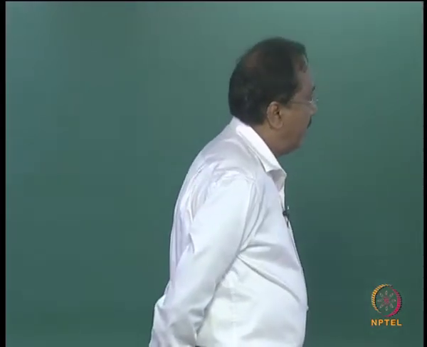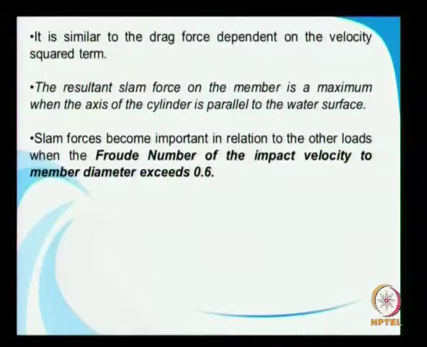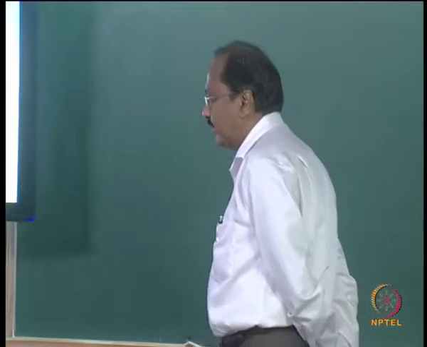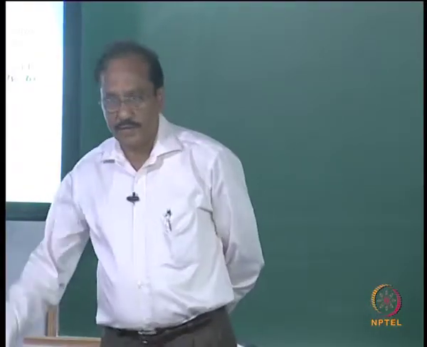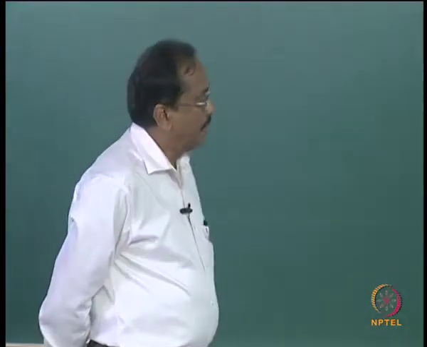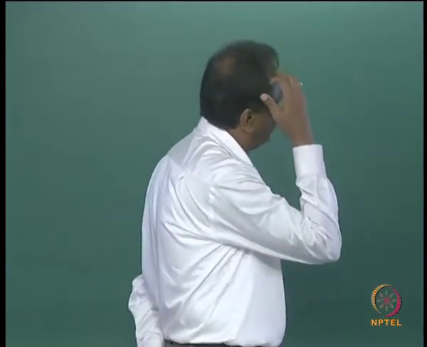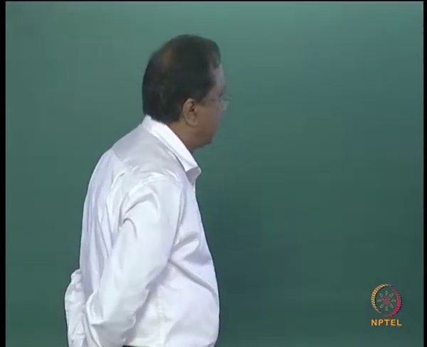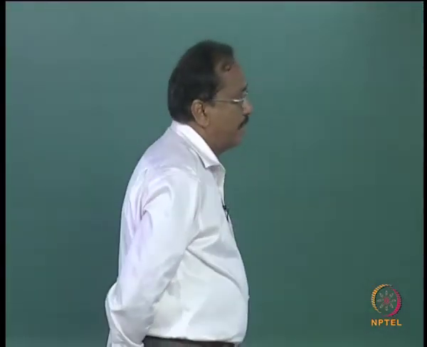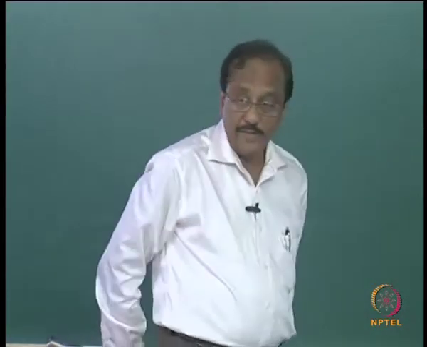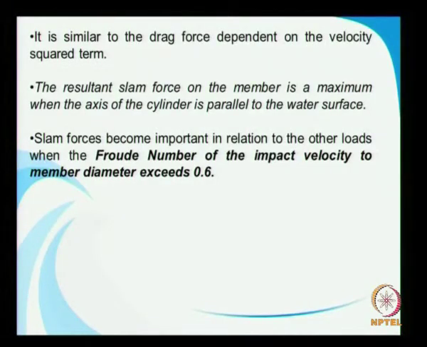It is often similar to the velocity dependent drag force. You know that the drag force is a function of the square of velocity, so the slam force will also be similar to a drag force. The resultant slam force on a member is maximum when the axis of the cylinder is parallel to the water surface.